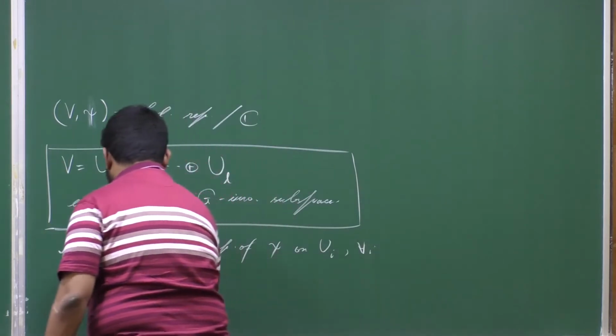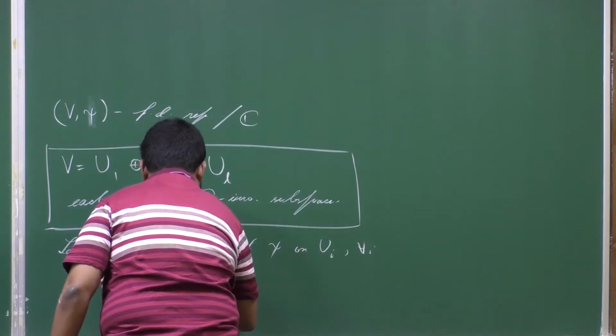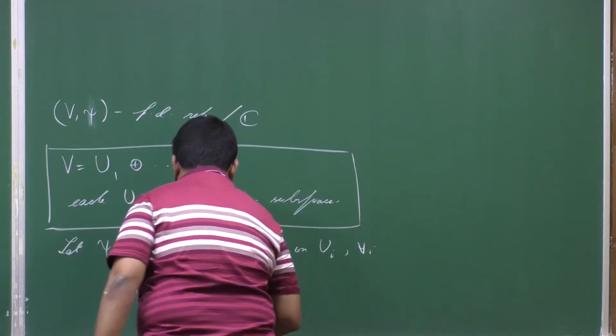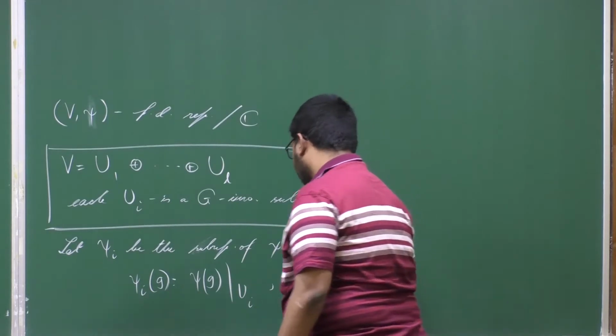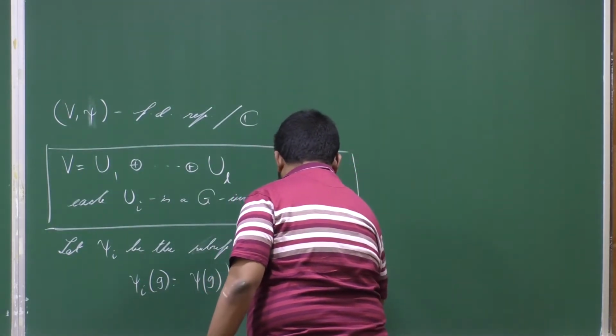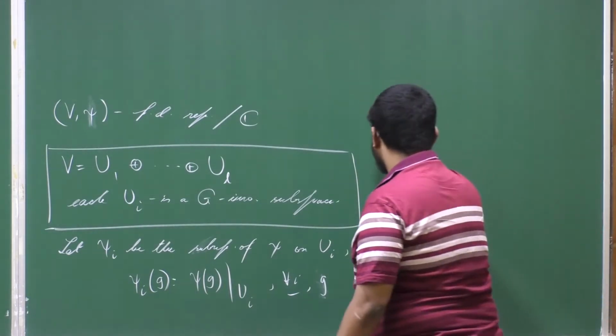How is that defined? Psi i of G is defined as psi G restricted to Ui for every i and G. So this is just the restriction operators.